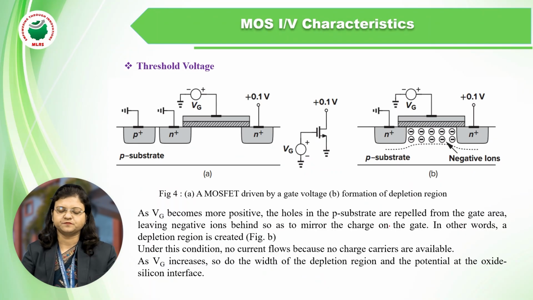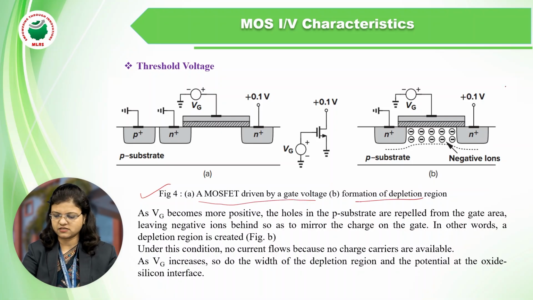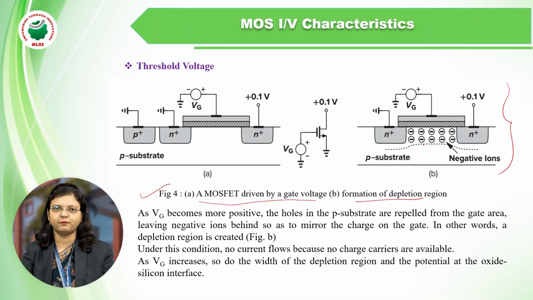Now we'll begin with our main topic of MOS IV characteristics, that is the threshold voltage. Let's consider first that two diagrams are there, A and B. In diagram A, it is written MOSFET driven by the gate voltage, and here we can see the formation of a depletion layer.